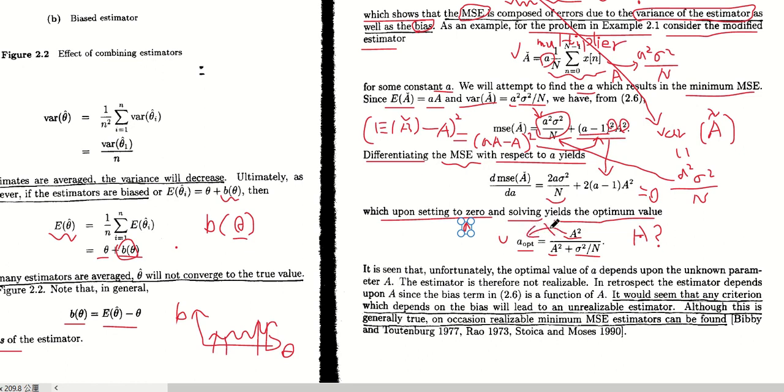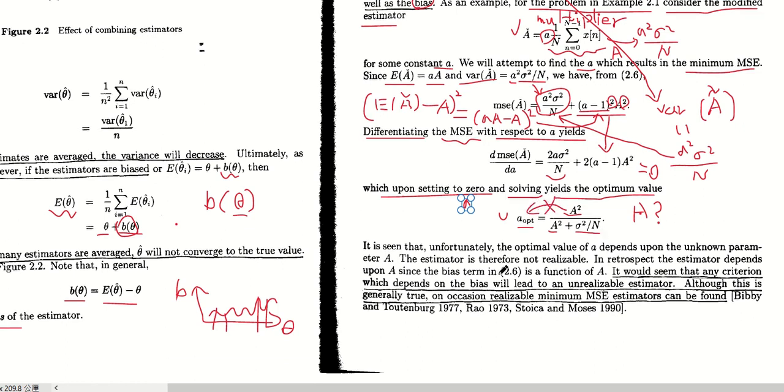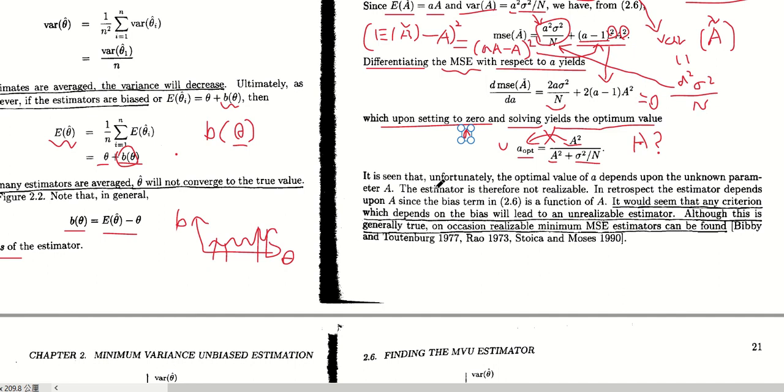We are not able to get it because capital A is supposed to be unavailable. So it is seen that unfortunately the optimal value of A depends on the unknown parameter A. The estimator is therefore not realizable.